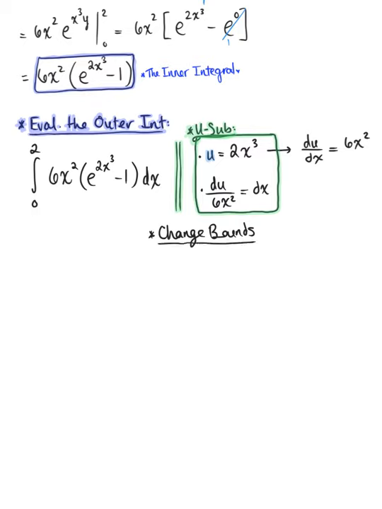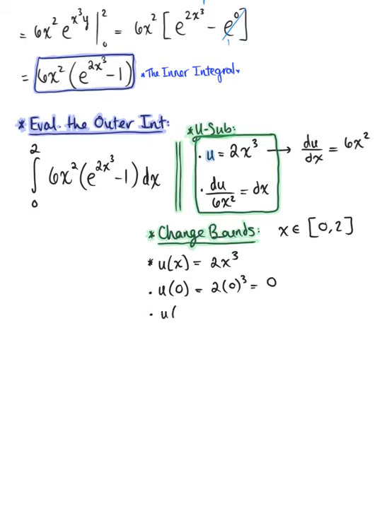We want to keep in mind that x, our original variable, is restricted to the interval 0 to 2. But we're now using a new variable, u of x is equal to 2x cubed. Evaluating this function at 0, we're left with 2 times 0 cubed, which gives us 0.